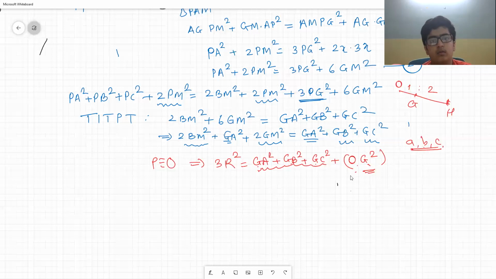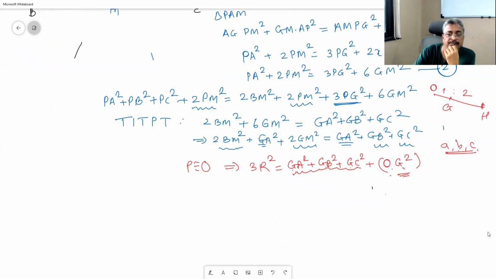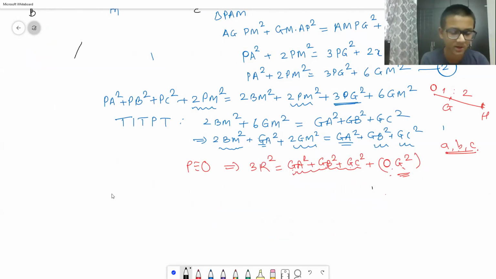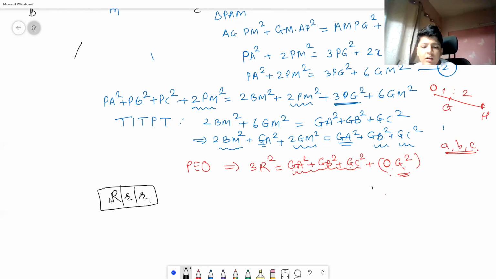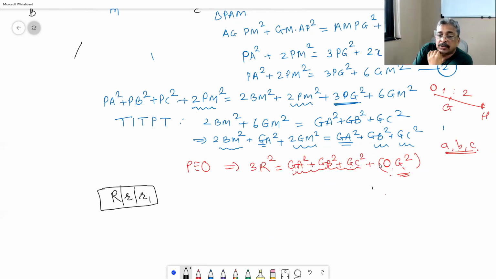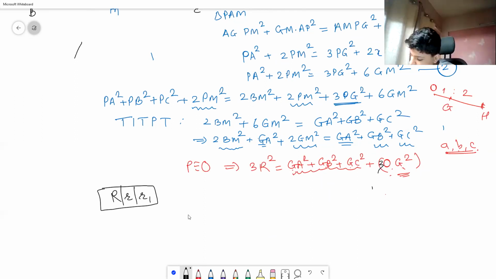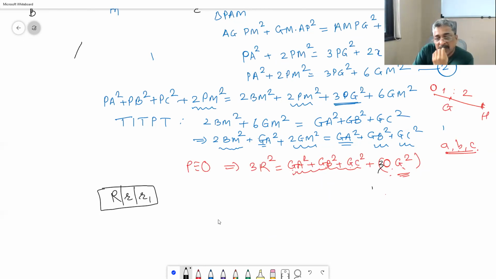Tell me what is given now and what am I supposed to construct? Capital R, small r, R1, and we have to construct triangle ABC. Here it should be 3 OG square, right? Yes, 3 OG square.